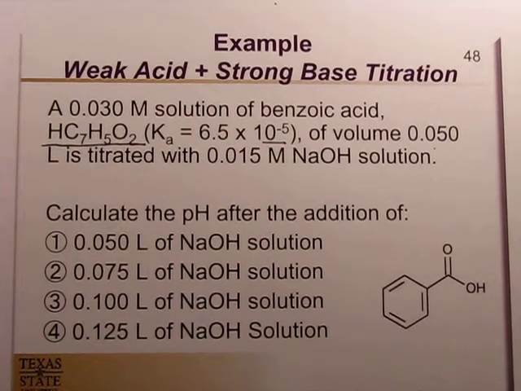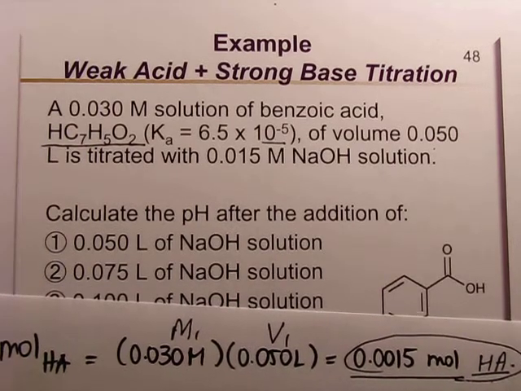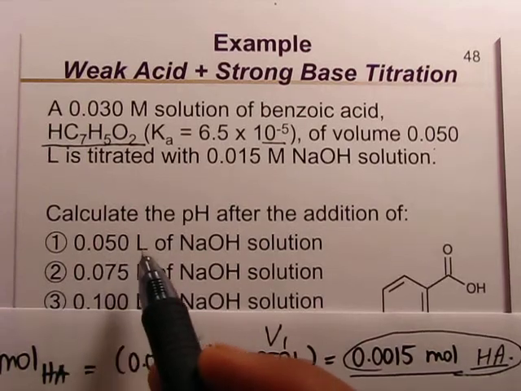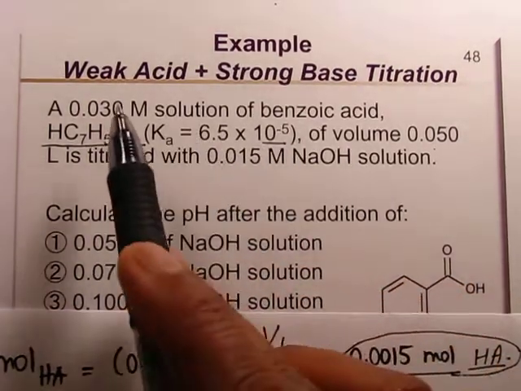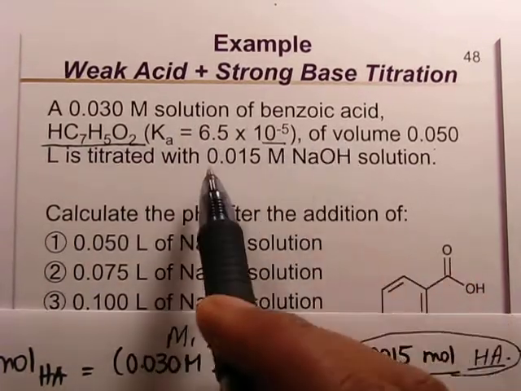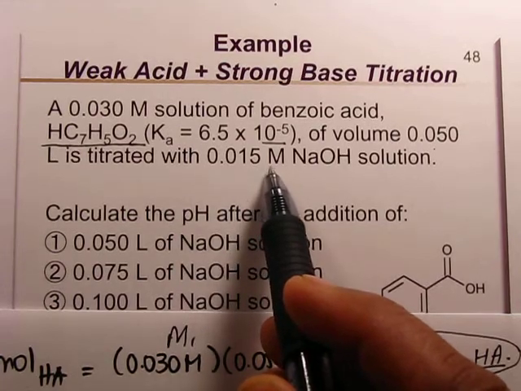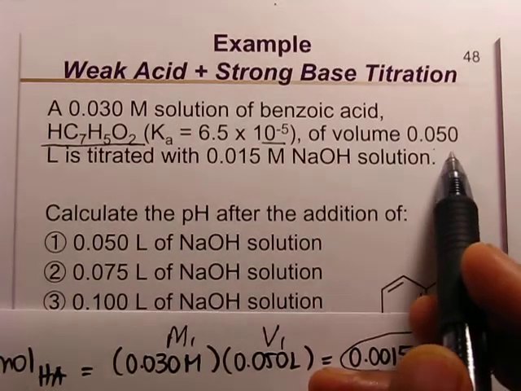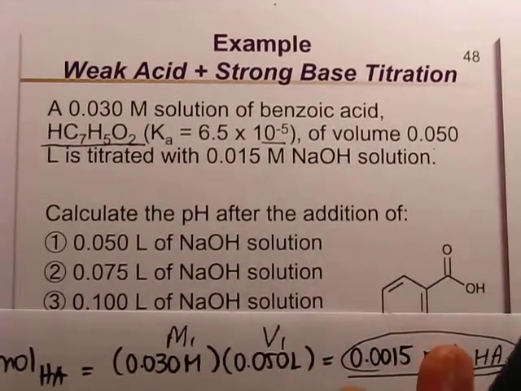First, they are saying we add 0.05 liter of NaOH. Here you can see 0.03 molar benzoic acid, and NaOH with half the molarity, and we are going to add the same volume.